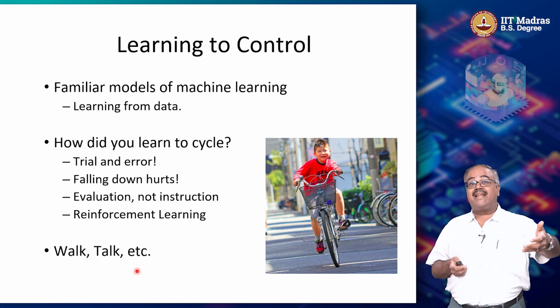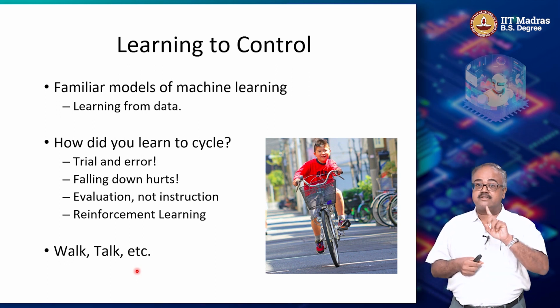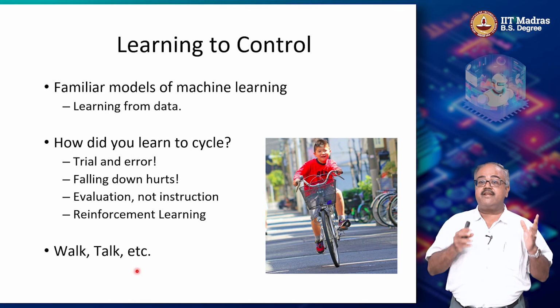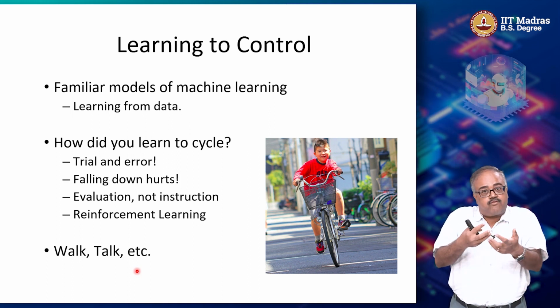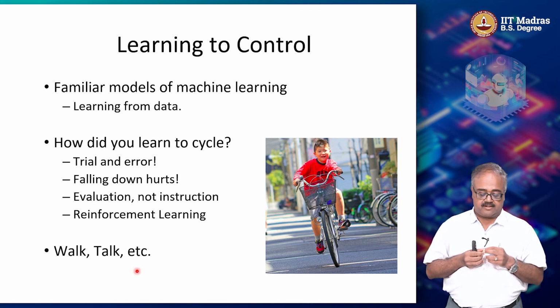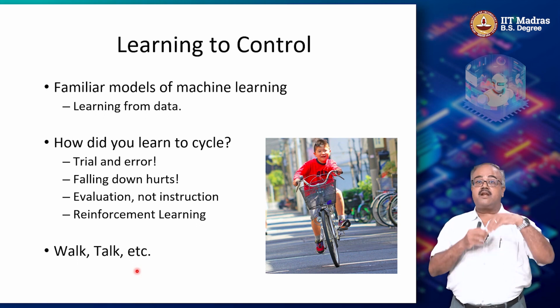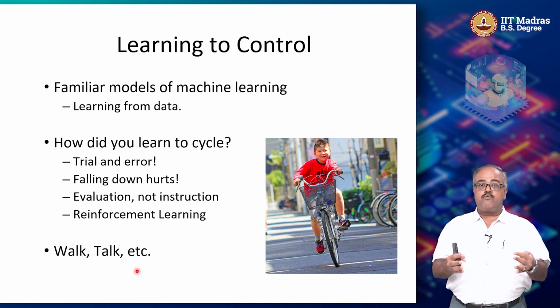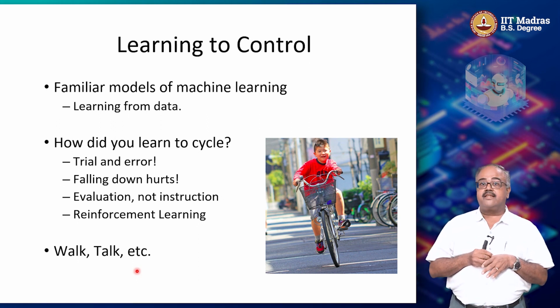So these are like an evaluation of the output that you produced, not an instruction. In supervised learning, you are given instructions, and based on those instructions, you try to form some kind of an error gradient and then learn with that error information. On the other hand, in reinforcement learning, you try something first, and then whatever you try gets evaluated. But no one tells you what is the right thing to do.